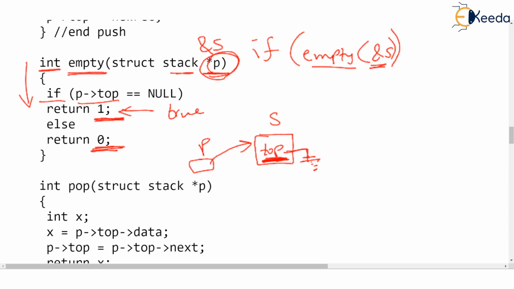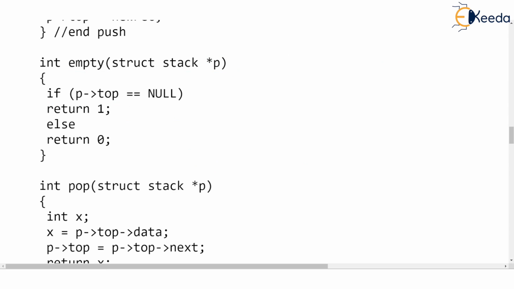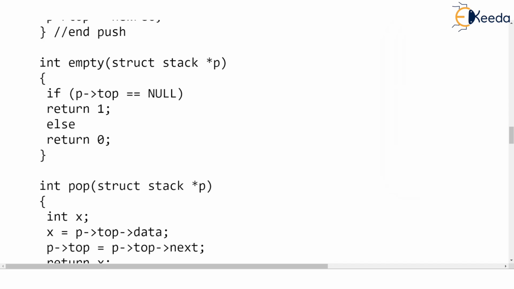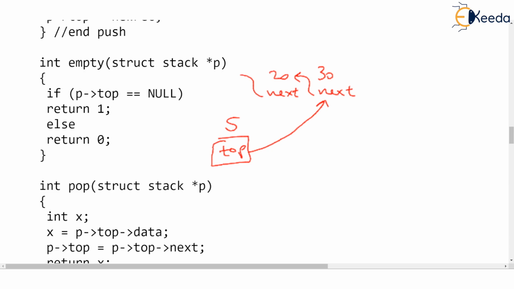Isn't it so? So empty function is very easy. Just inspect the value of top. If top is null, simply return true. Otherwise, return 0. When will 0, that is false, be returned? Imagine that we have pushed some values in the stack and stack is not empty. In that case, the stack is going to look like this. S is containing top, and maybe top is pointing to 30, and 30 has next, and this next is pointing to 20. 20 has next, and this next is pointing to 10. 10 has next, and this next is null.